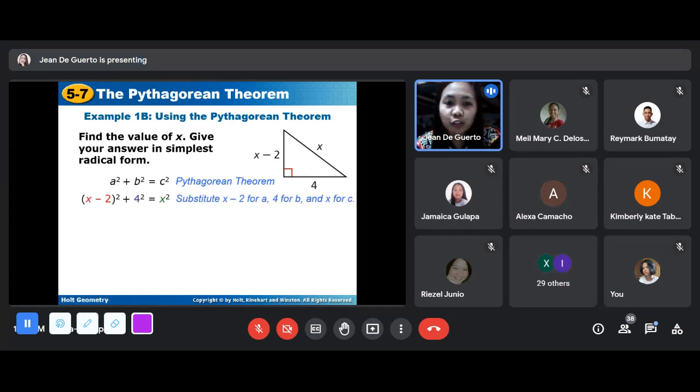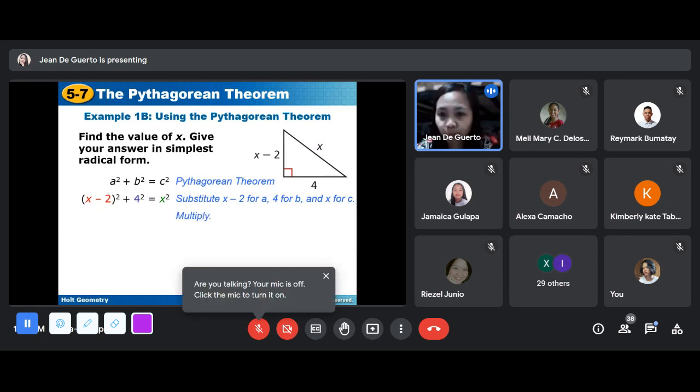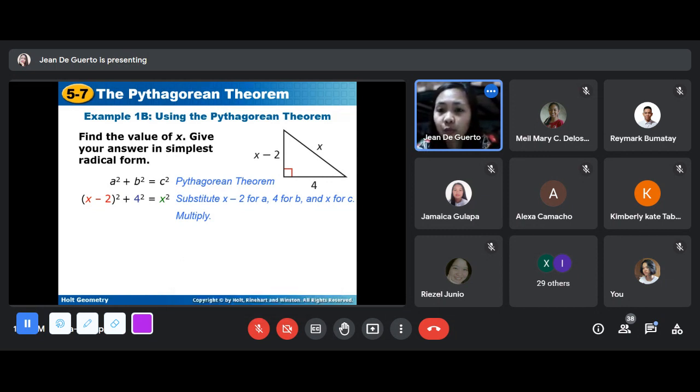So our equation should be like this. So simplify natin. Okay, what is the square of x minus 2?